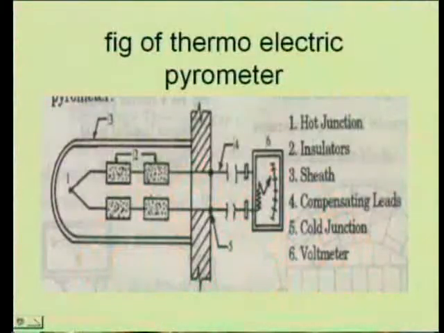Next, based on the thermocouple principle, let us go on to the thermoelectric pyrometer. Here this is a hot junction, which is nothing but a thermocouple, connected to the voltmeter. These are insulators, and this is a sheath. What do we mean by sheath?